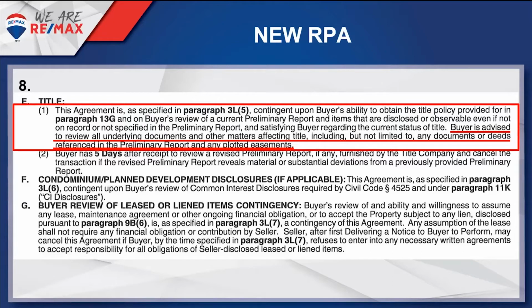Another common link that we've had problems with, buyers didn't realize such a thing existed, is a private road agreement. And again, law requires all private road agreements to be recorded on title. So there's going to be a link on title to that private road agreement, and there may be a ton of information about it, and it can be a lot of material, and it can have a very large financial impact.